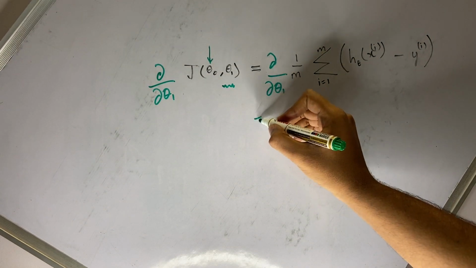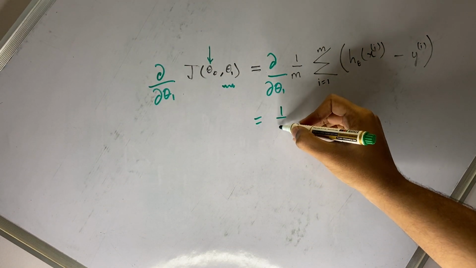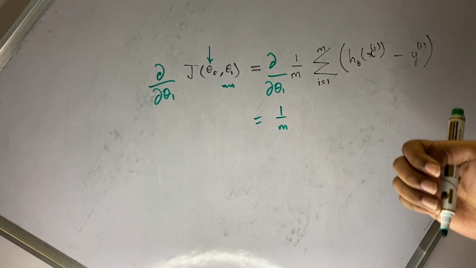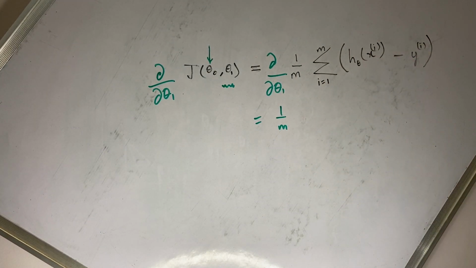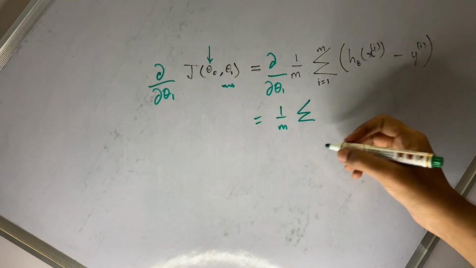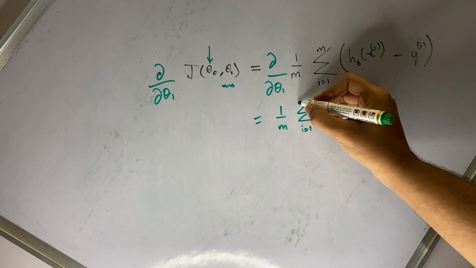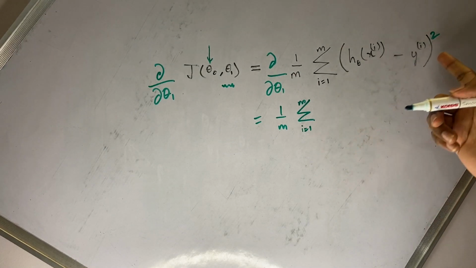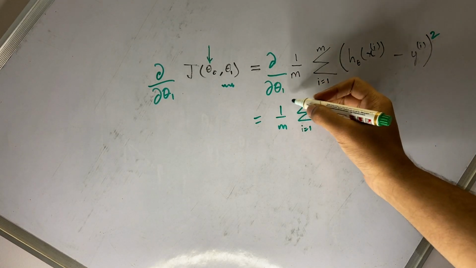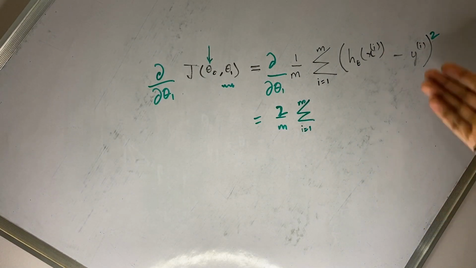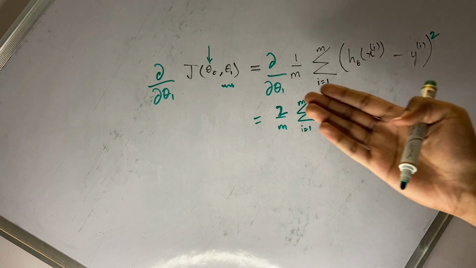If we do that, we take 1 over m common and take it outside. As this is a constant, we would not do anything to this term. Now the summation would be as it is over the number of training examples, and then we would take this value and multiply it by whatever the power to which this term is raised.